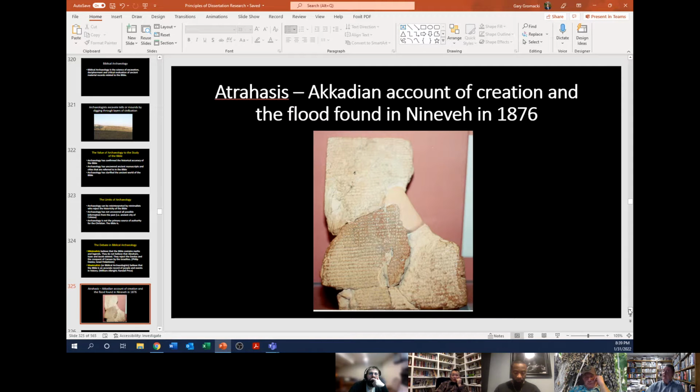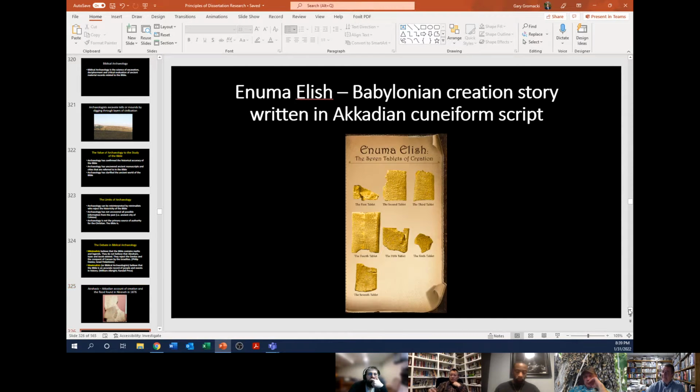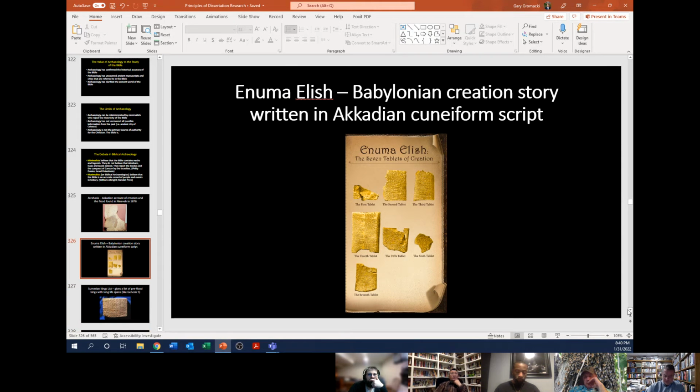So again, you would want to compare and contrast. What does this ancient text have to say about creation? What does it have to say about the flood? How are they similar to the creation account in Genesis as well as the flood account? And how are they different? Enuma Elish is another creation account written in Akkadian cuneiform script on 7 clay tablets.